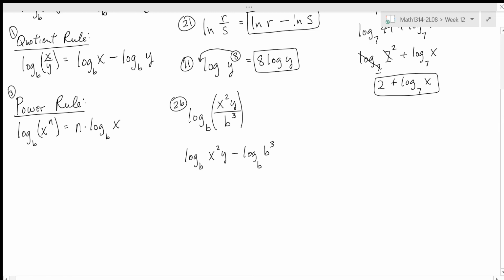At this point, do you see that this log here at the back has bases that match? And if the bases match, they cancel. So right at this point, I can go ahead and cancel those b's because the bases match.